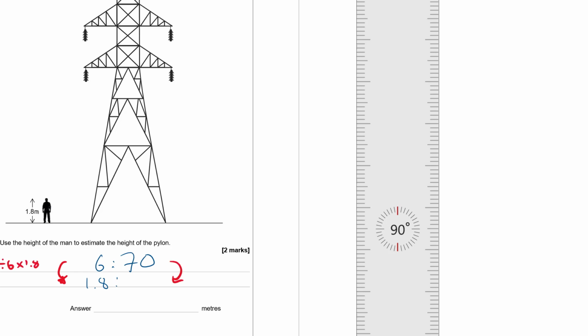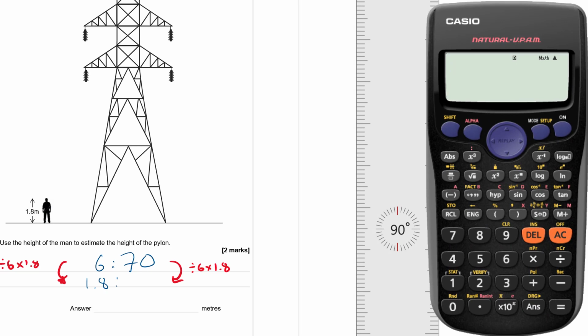So we have to do the same to this side. 70 divided by 6 times by 1.8 should give us the height of the pylon. Right, so I'm going to put that into my calculator. So 70 divided by 6 times by 1.8. I make that 21. So 21 meters tall. So I'm going to estimate that it's 21 meters.